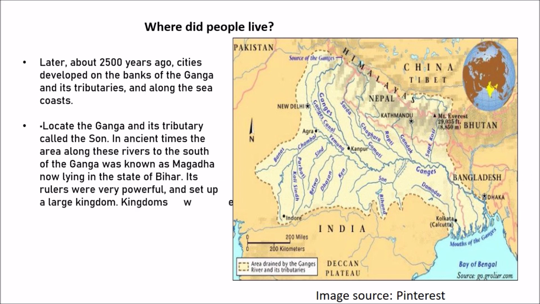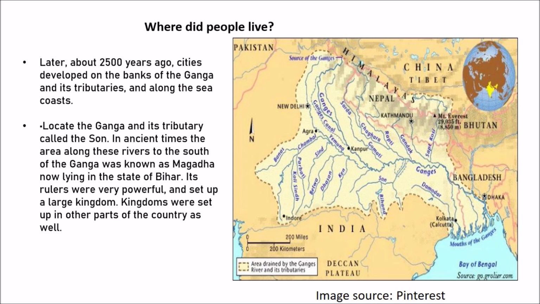You can see on the screen the river Ganga, which starts from the Himalayas and flows through Uttar Pradesh and covers the states of Bihar, West Bengal, some parts of Madhya Pradesh, some region of Orissa, and then falls into the Bay of Bengal.